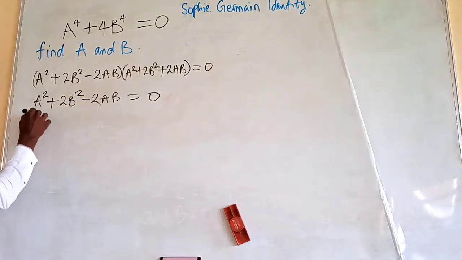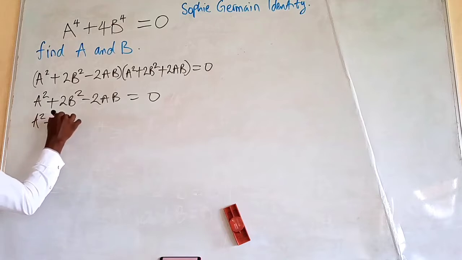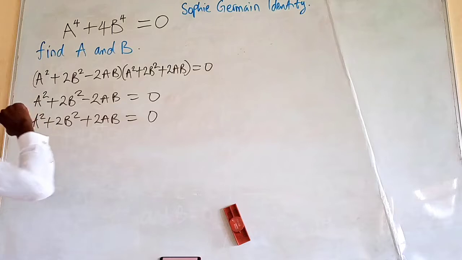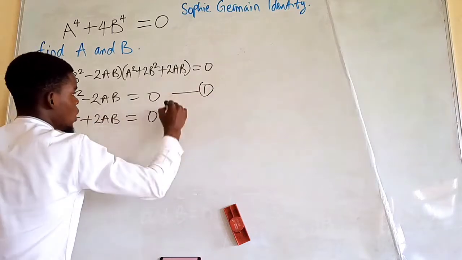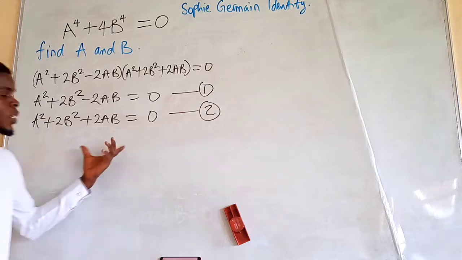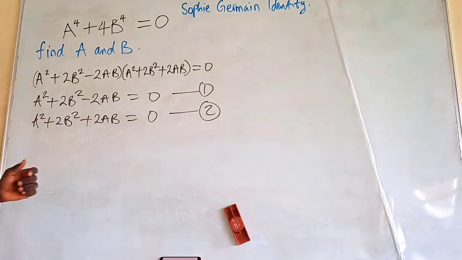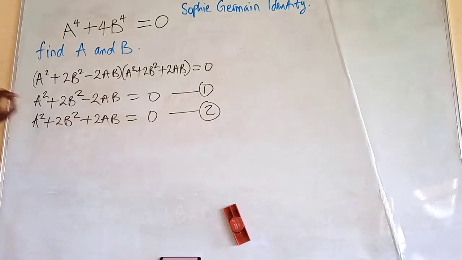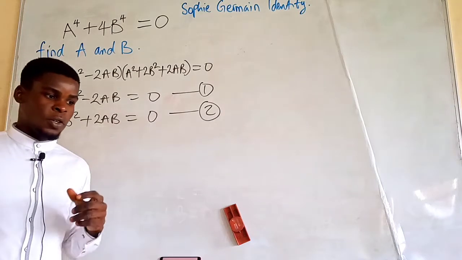And we also take a squared plus 2b squared plus 2ab to be equal to 0. So we can state it to be equation 1 and equation 2. Okay, so from these two equations, if I add the two of them together, we will still have a and b's. And even if I subtract, it's only this thing that will be off, but we still have a and b. So I'm not going to do it like that.